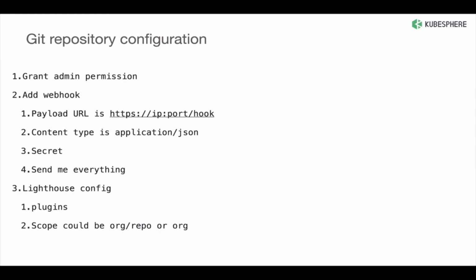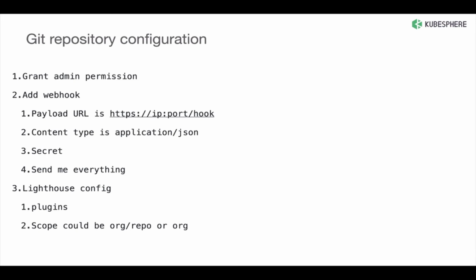Okay, I want to show you how to add a Git repository to your Lighthouse. First, you need to grant admin permission to your bot account. Second, add a webhook. The payload URL looks like this. It ends with hook.